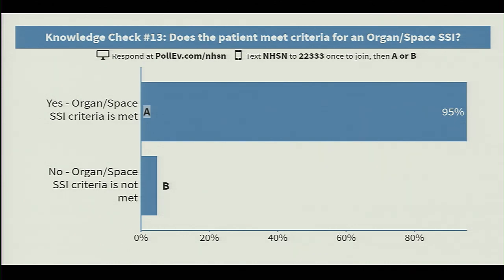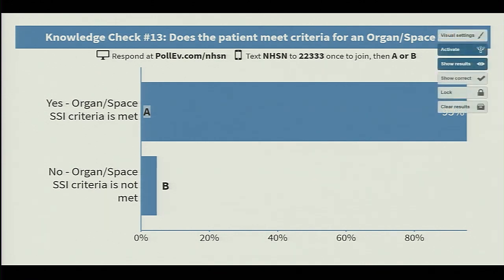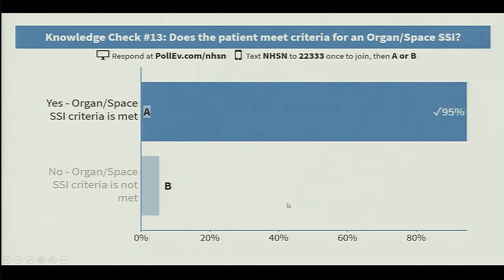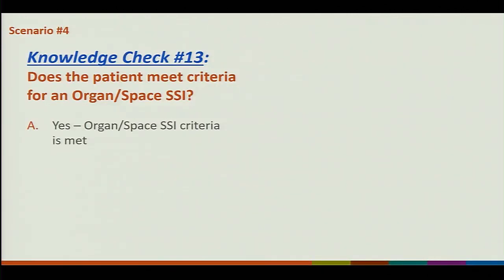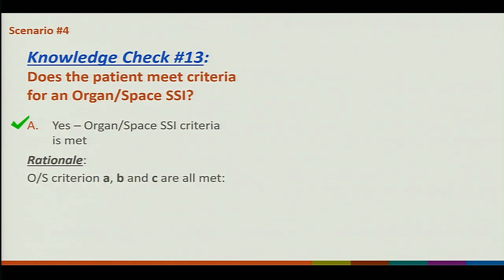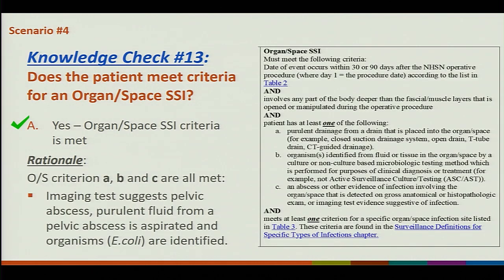Okay, so let's look at what the answer is. Okay, so the correct answer is A. An organ space SSI criteria is indeed met. All right. And the rationale, we'll look at this.